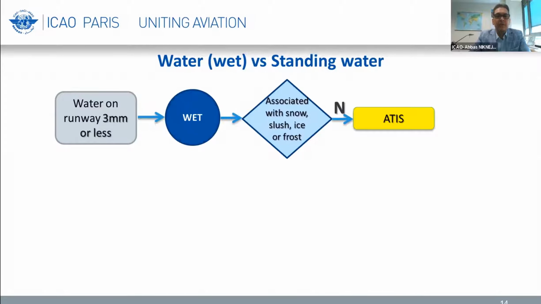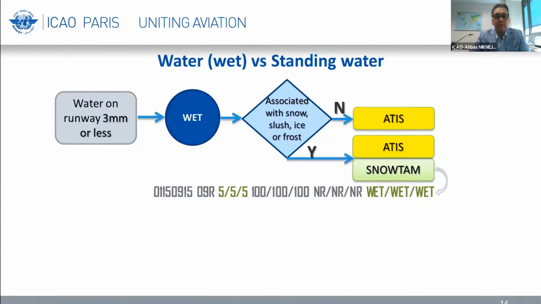It means that if it has rained and the runway became wet and the depth of water on the runway is 3 millimeters or less, it could be promulgated by ATIS. If the wetness of the runway is associated with snow, slush, ice, or frost, like it's a consequence of a clearing or treatment of the snow, slush, ice, or frost, then it would be disseminated through a Snowtam.